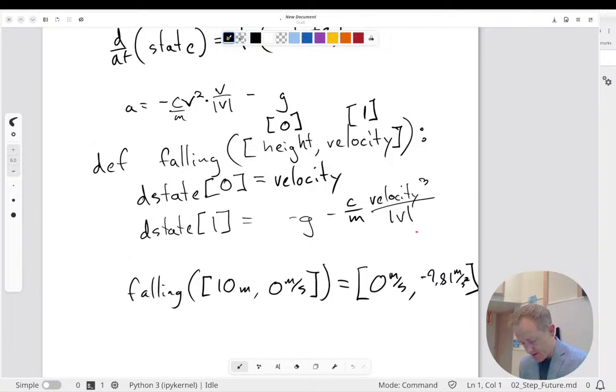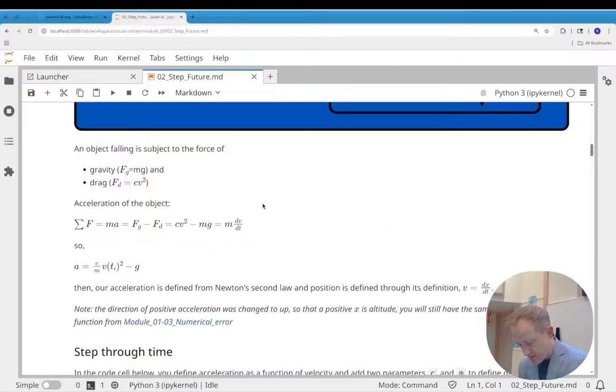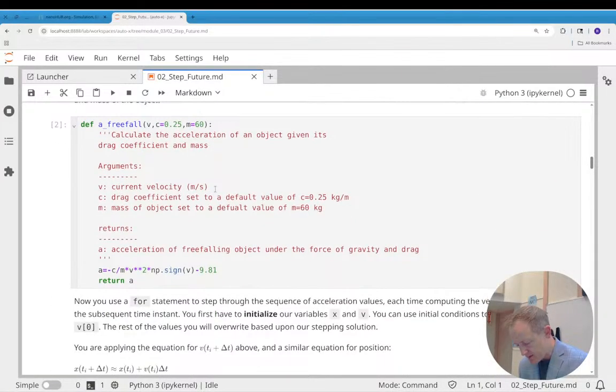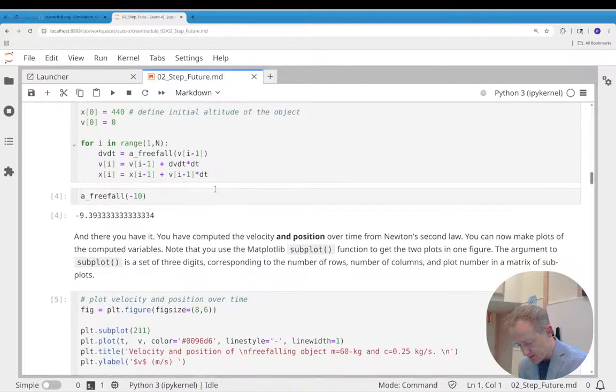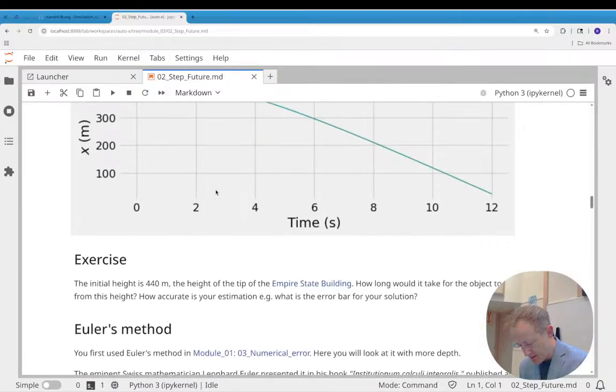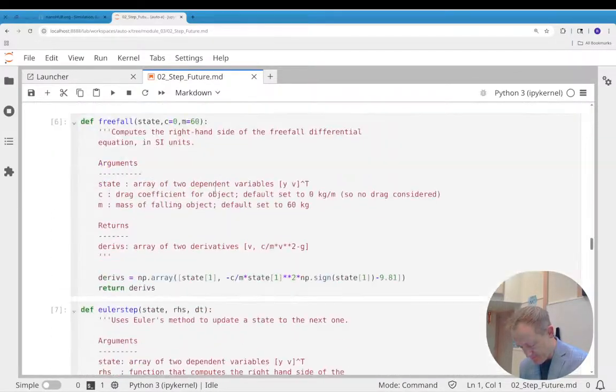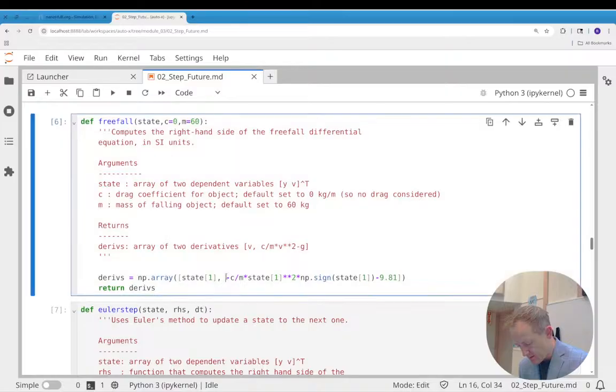All right, so now let's take a look at the code to get us there. This one just does acceleration. It's a good introduction, but I like the formal version here.